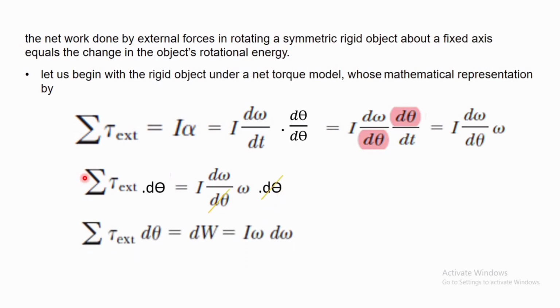So here I have the net torque times d theta equal to the change of the work, which equals the moment of inertia, angular velocity, times the change of the angular velocity. That leaves us with dW equal to I omega d omega. I'm going to put integration on both sides.